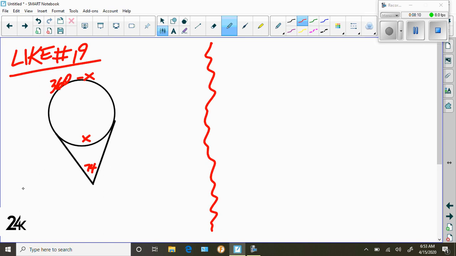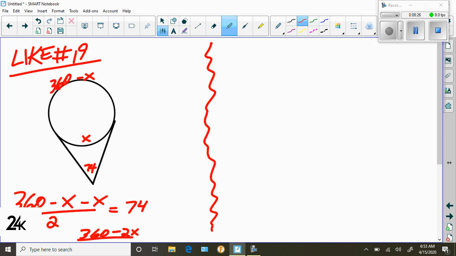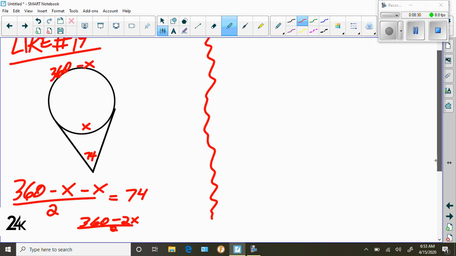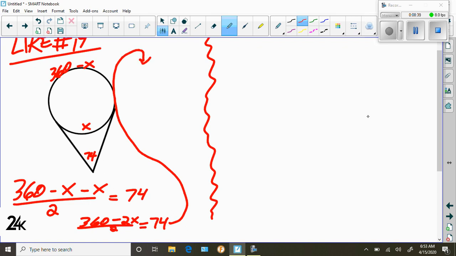Okay, so then it's going to be big minus small divided by 2 equals the answer. So it's going to be 360 minus 2x divided by 2 equals 74.